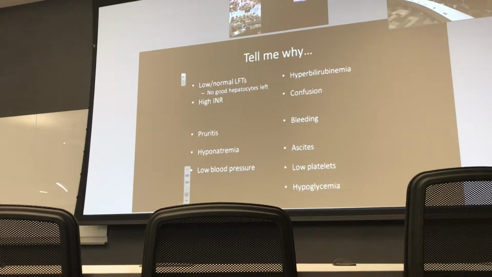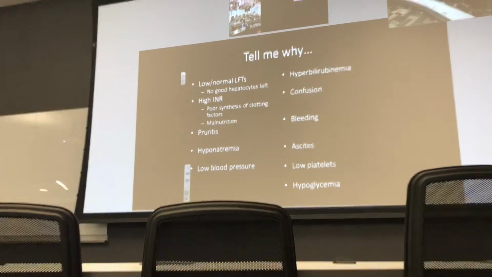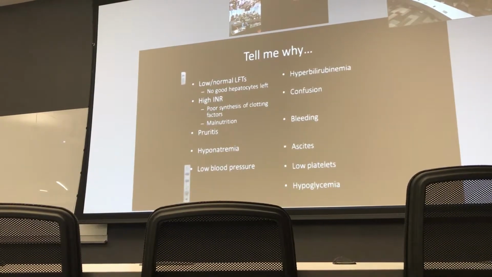Okay, so definitely decreased synthesis of clotting factors with poor hepatic function with regard to synthesis. And also, depending, it says that he's been abstinent for 9 months, but you know what Dr. House says, everyone lies. So it could also be malnutrition because he chooses the whiskey over actual food that has vitamin K in it. Group 3, how about pruritus?